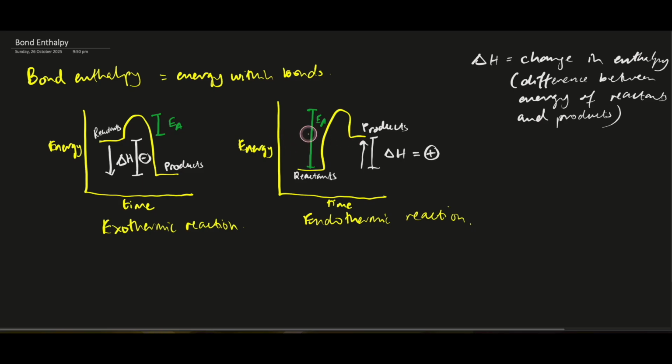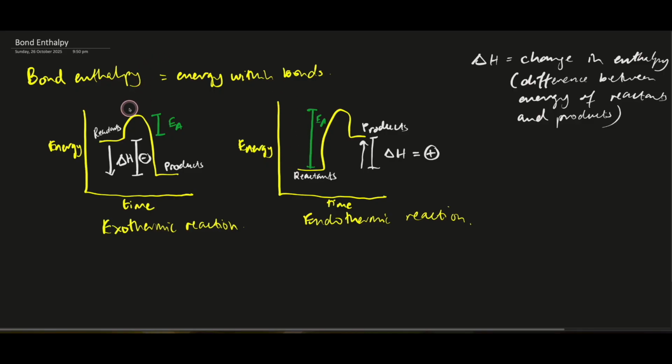Okay, now what we should know, this is just a reminder, is that in order for this whole thing to occur, in order for our reactants to be converted into products, energy is absorbed and energy is released.